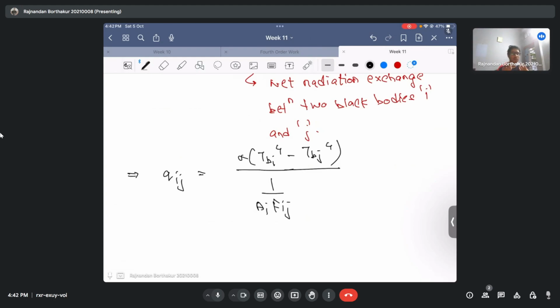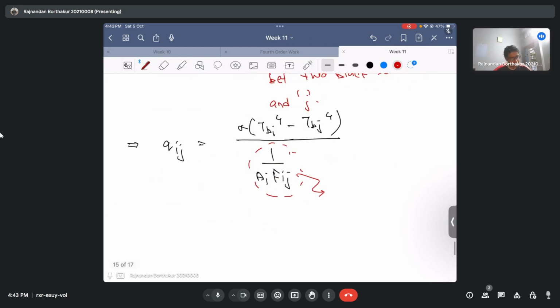Just how we saw that you can represent the net heat transfer as the temperature difference divided by the resistance, this can equally be termed as the radiation resistance, sometimes known as the space resistance, to be precise. It's known as the space resistance between the bodies.